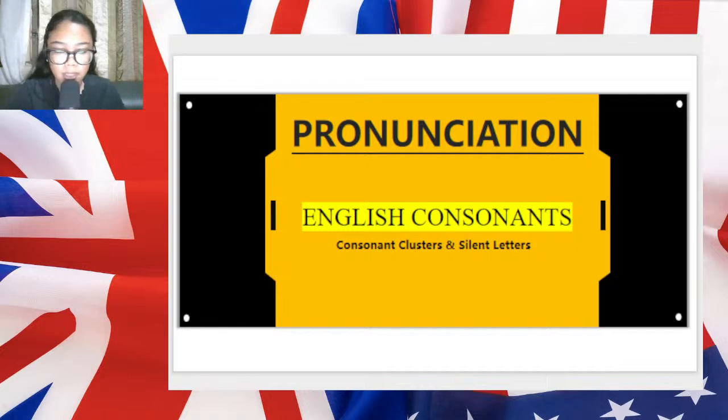You can see on your screen there's consonant clusters and silent letters, but for today we're going to focus on consonant clusters. These are basically groups of consonants that hang out together in words. Getting them right can really make a difference in how natural you sound when you speak.